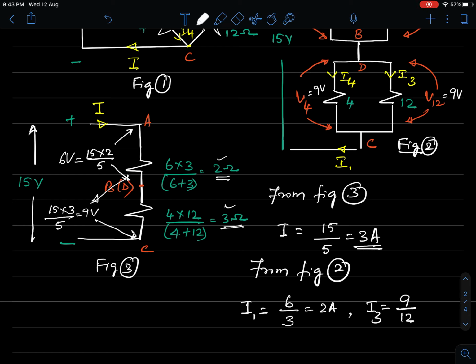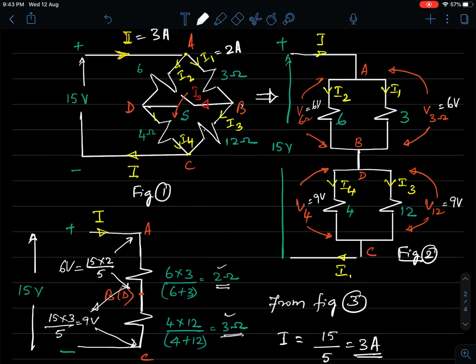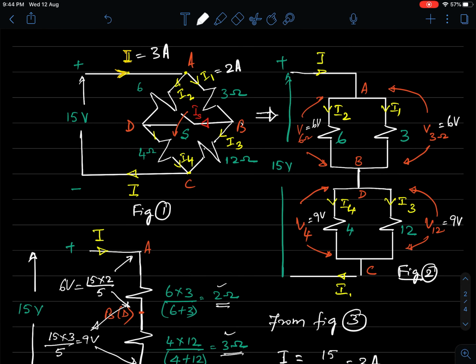And this is 0.75 ampere. So I'll put this value in figure 1. This is 0.75 ampere.